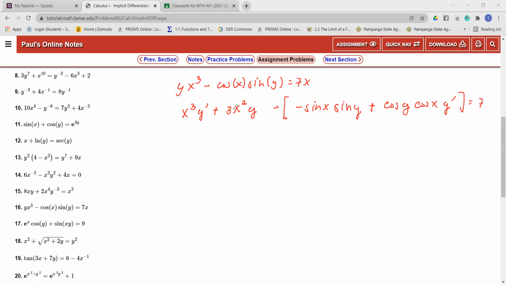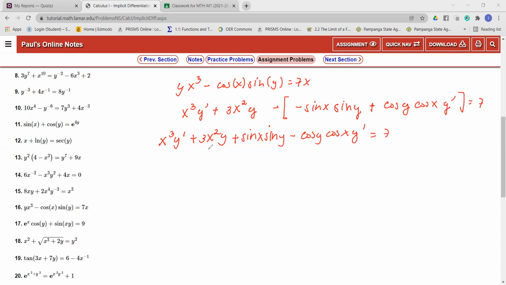So tingnan natin kung ano yung pagsasamahin natin. So, expand muna natin. You will have your x cubed y prime, plus 3x squared y. You have negative here, negative doon, magiging plus sine x sine y. Tapos negative cosine y cosine x y prime, negative, negative equals 7.